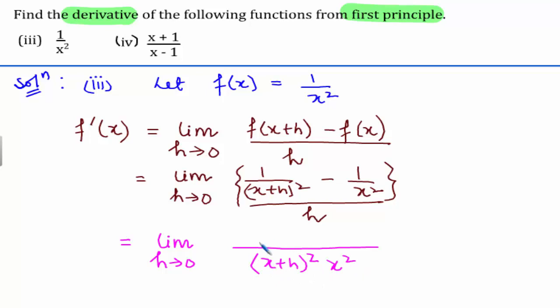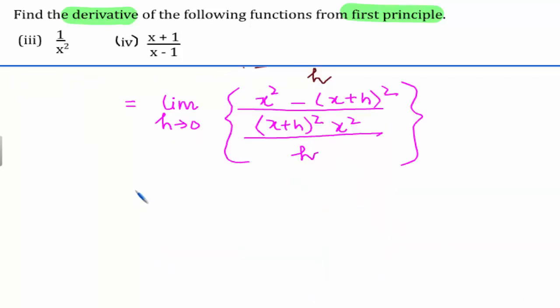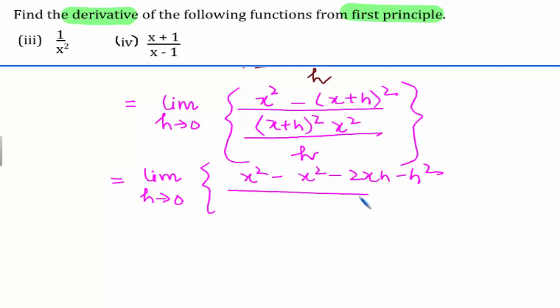Then we have x square minus (x plus h) whole square, whole divided by h. And this is equal to limit as h approaches 0, x square minus opening (x plus h) whole square, we have x square minus 2xh minus h square, whole divided by x square into (x plus h) whole square into h.